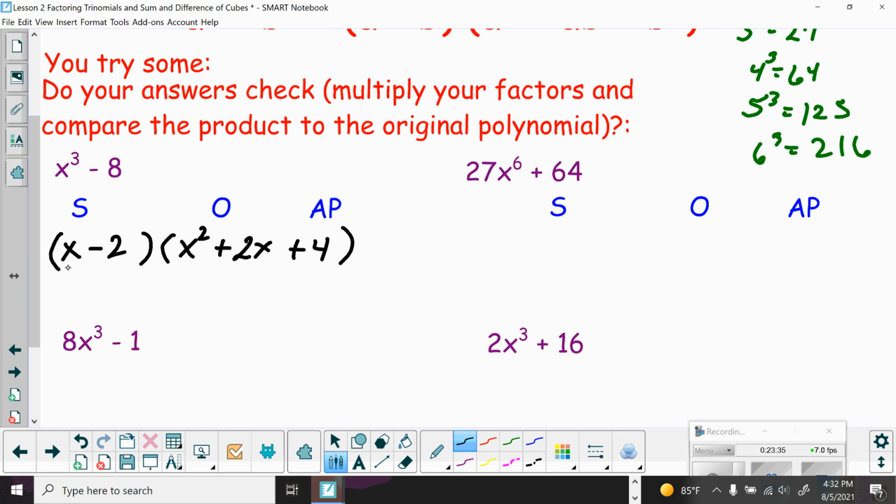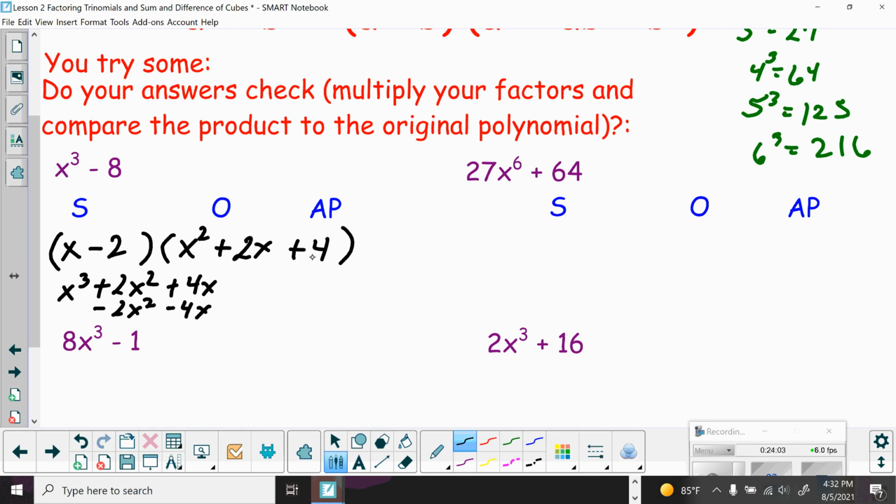Absolutely. X times x squared is x cubed. X times 2x is 2x squared. X times 4 is 4x. And we have negative 2 times x squared is minus 2x squared. Negative 2 times 2x is minus 4x.